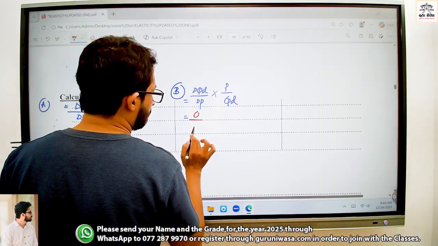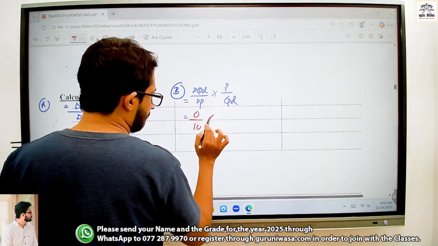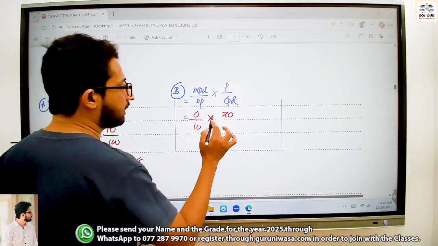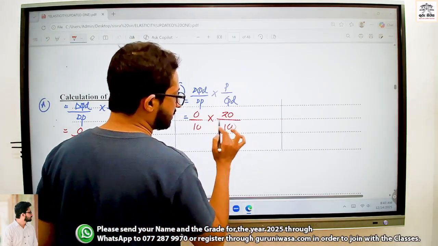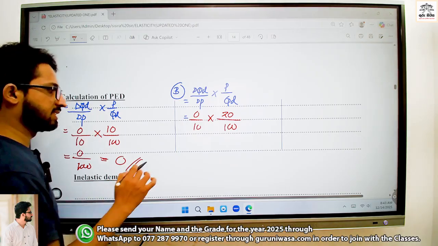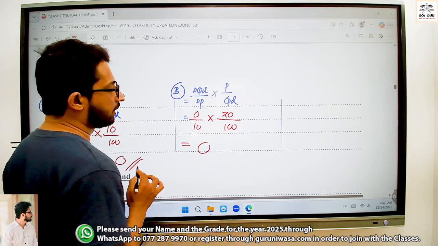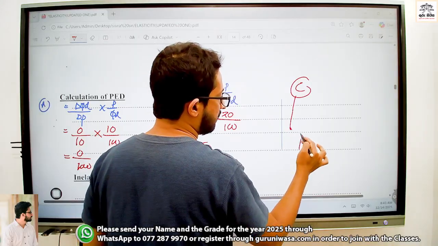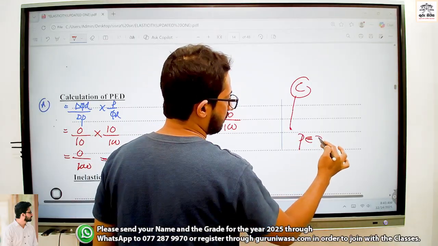Here 0 into 10, and now the price is 20. Price is 20. Demand is again how many units? 100. How much is the answer? 0. Again 0. If you calculate the PED value for point C, again the answer would be 0.